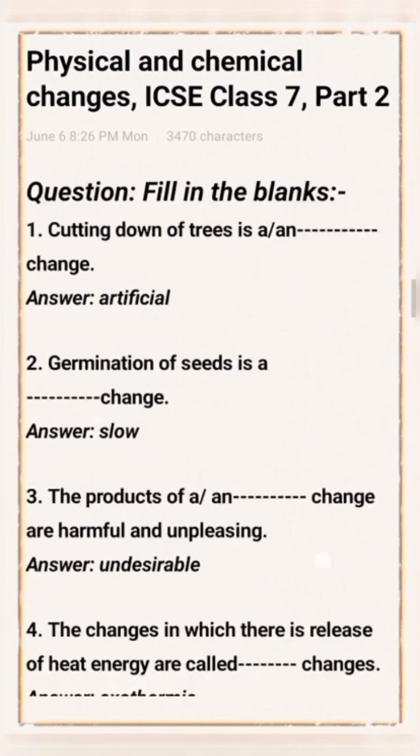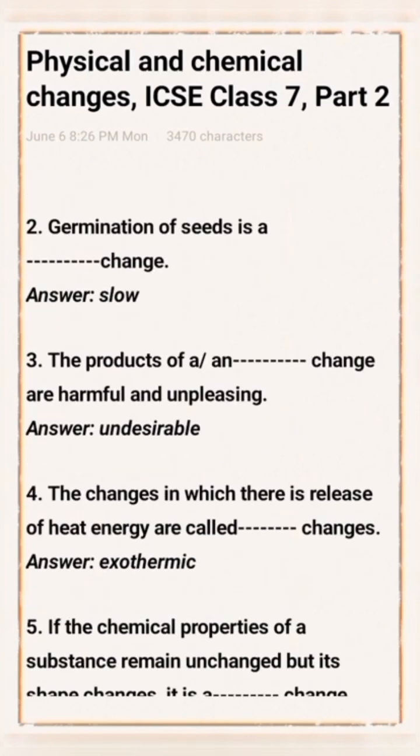Next, the products of a dash change are harmful and unpleasing. Answer, undesirable. Okay. Next, the changes in which there is release of heat energy are called dash changes, exothermic changes.